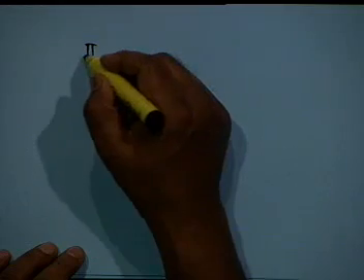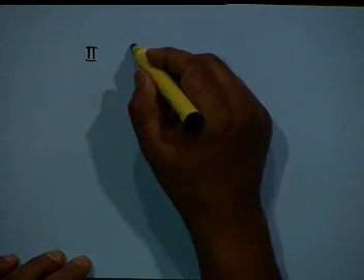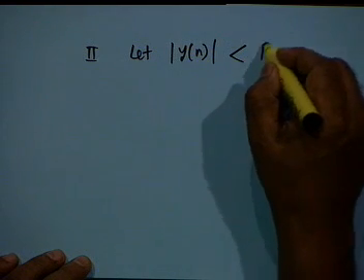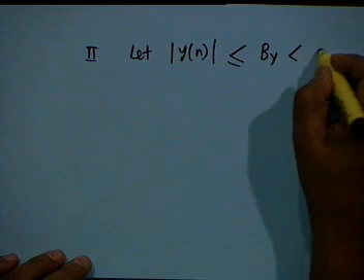In step 1 we assumed S less than infinity; in step 2 we assume the output is bounded and prove that S is less than infinity. So, step 2, the converse statement: let the output be bounded by some bound less than infinity.